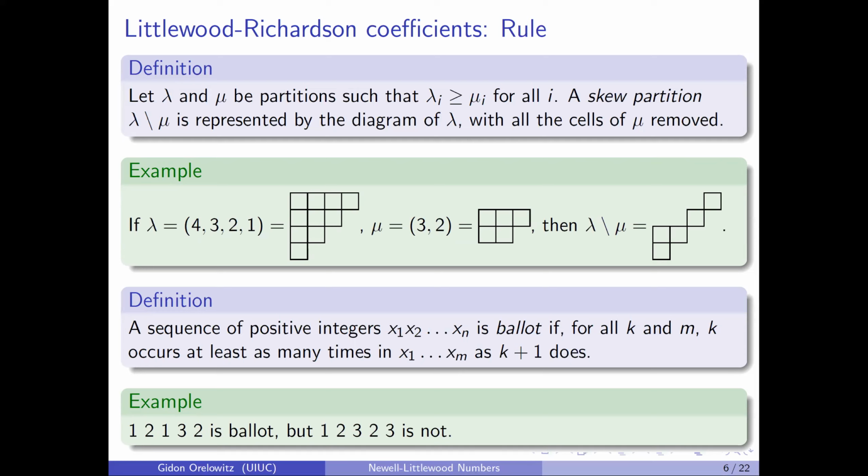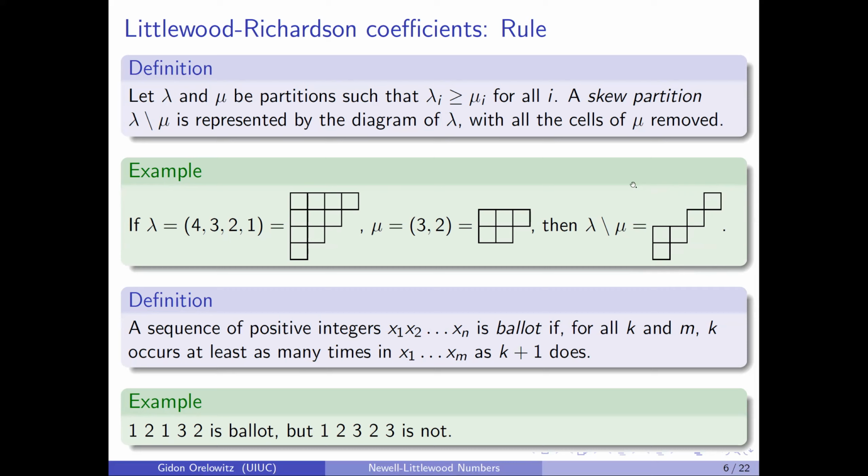I just want to share, in my opinion, the simplest one to give you an idea of what these actually count. We've talked about the diagrams for partitions. We can also talk about the diagrams of skew partitions, which are just what happens when you take a partition and remove all the boxes of a smaller partition. So (4, 3, 2, 1) take away (3, 2) gives you this skew shape.